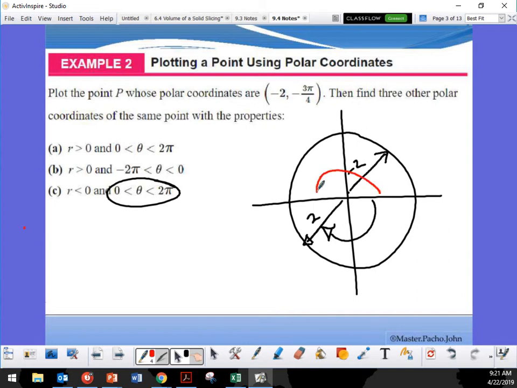Yes. Go this way, and then have the negative radius, right? So what would my angle be there? 5 pi over 4. And my radius would be? -2. Okay, all right, good.